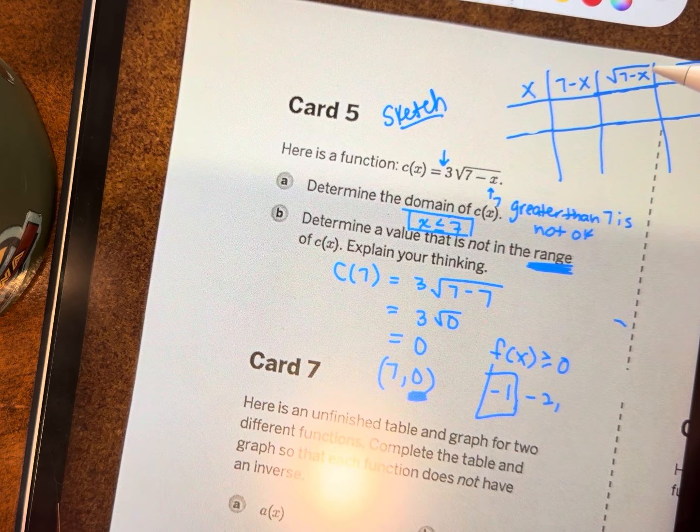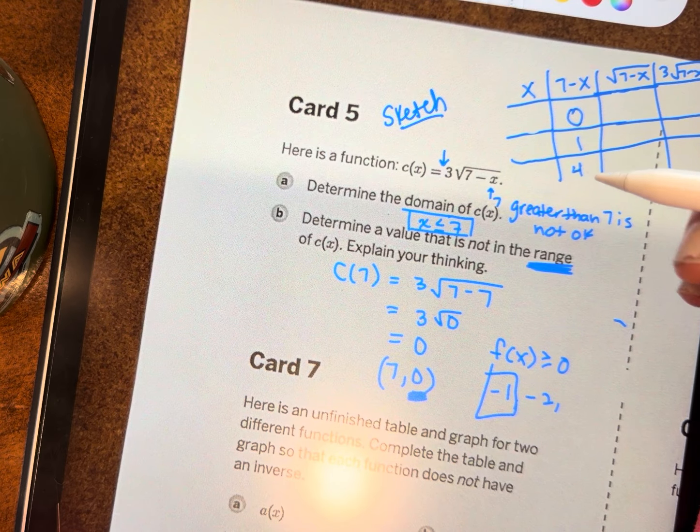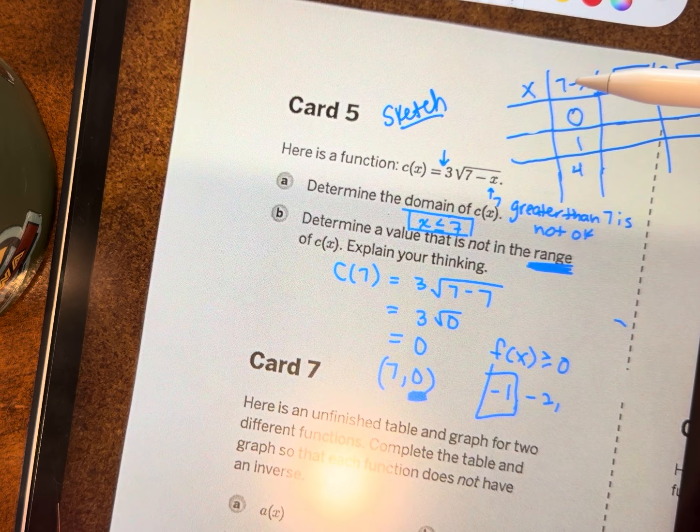So I want the thing that I square root to be nice numbers. Nice numbers to square root are 0, 1, and 4. Okay? So I want 7 minus x to be 0, 1, or 4, so that when I have to go square root it in the next step, it comes out nice.